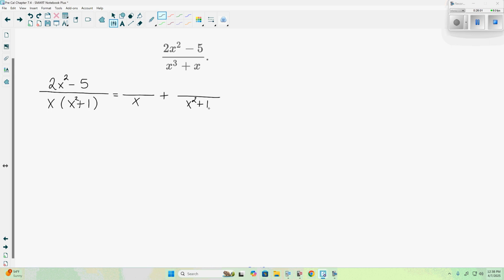So just like the last one, we'd have x under the first, x squared plus 1 under the second. Our letter on top is going to be a, and then the second one's going to be bx plus c. Yes. And just like before, we're going to multiply everything by x and x squared plus 1.